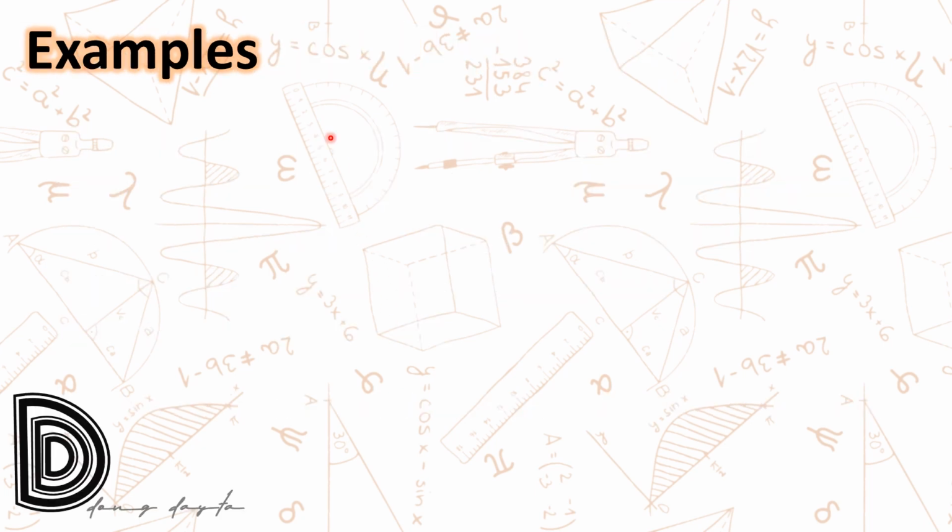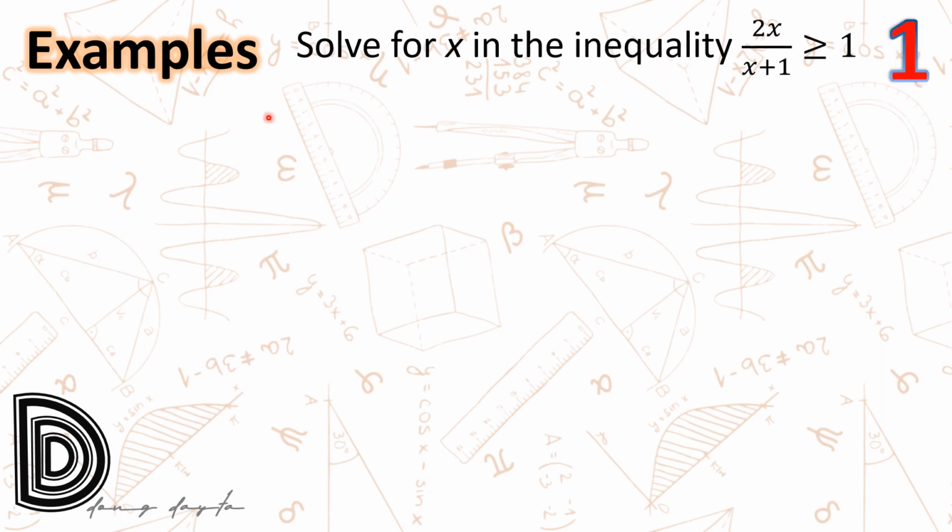Number 1, solve for the value of x in the inequality 2x over x plus 1 is greater than or equal to 1. So following the rule, we subtract 1 from both sides of the inequality so that the right-hand side will be 0. Then we have 2x over x plus 1 minus 1 is greater than or equal to 0.